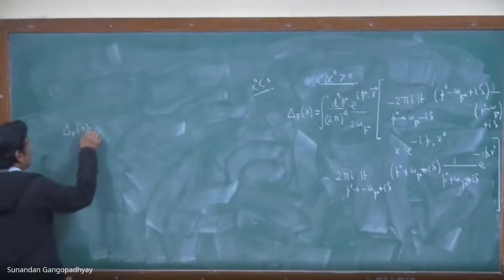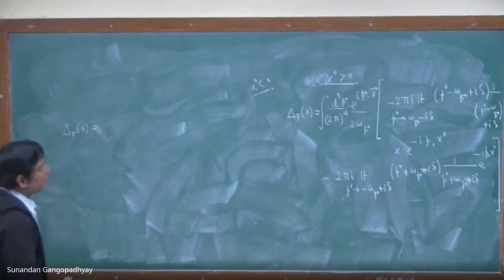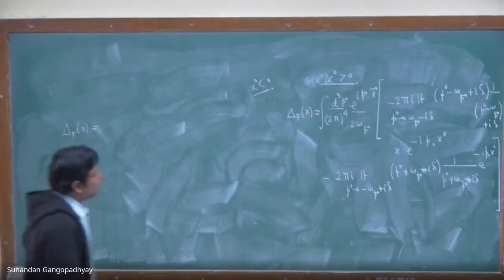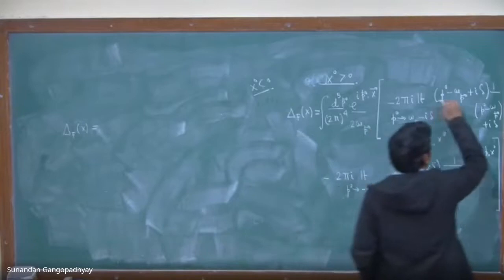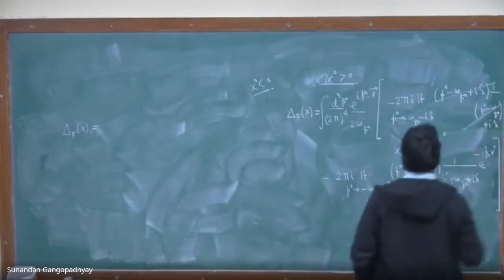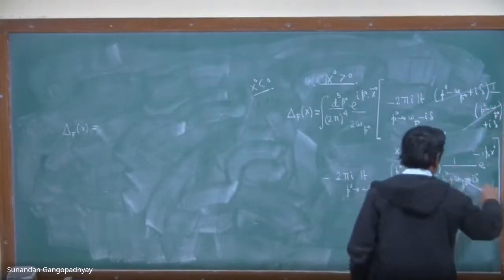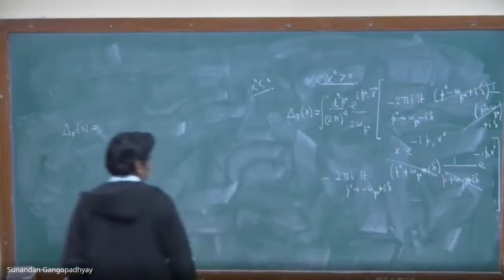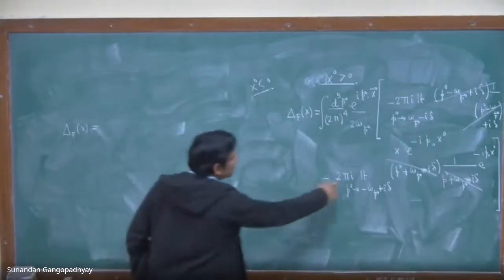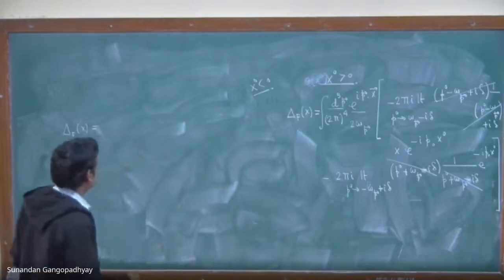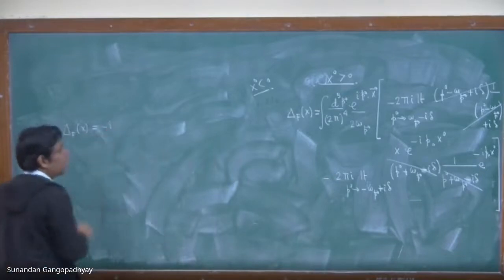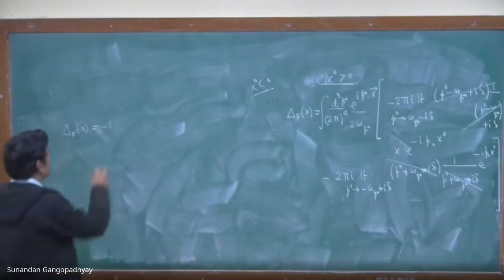If we simplify, what we shall have is the following: delta f of x. From here we can see that this factor will cancel this factor. We have 2 pi i with a minus sign, so I take the minus sign outside, and one 2 pi will cancel the 2 pi downstairs.